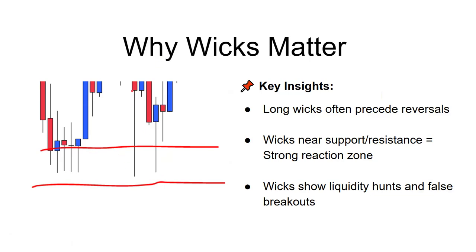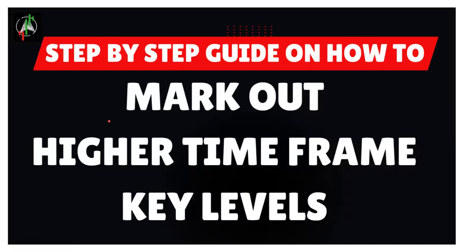So whenever you see this kind of wick, and price moving with momentum all of a sudden pushes all the way up, it could be a stop hunt, a liquidity grab by the institutional players. These are the things you have to look out for on the chart. Like I said before, I'm going to teach you how to correctly mark out these key levels on the chart at the end of this video. Now, let's go to the step-by-step guide on how to mark out key levels.